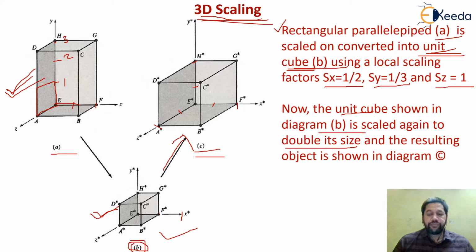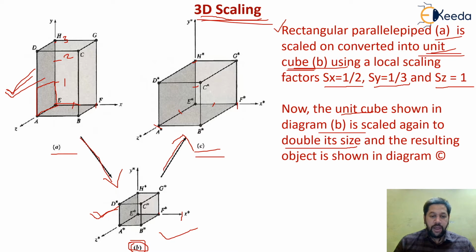So this diagram or example has cleared your concept of how 3-dimensional scaling is applied on different objects. We have shown the transformation from A to B, and I call this local scaling because the values of sx, sy, and sz are different.